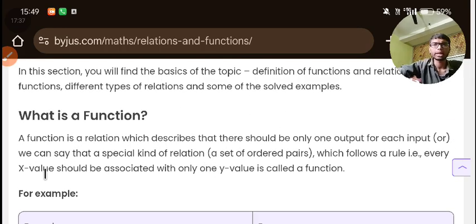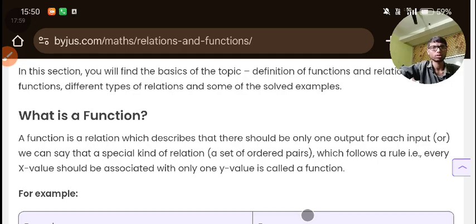What is a function? A function is a relation which describes that there should be only one output for each input. We can say that it is a special kind of relation, a set of ordered pairs which follows a rule. Every x value should be associated with only one y value.